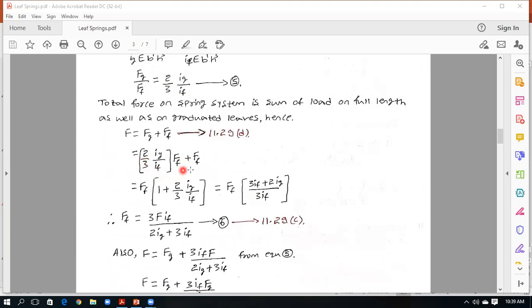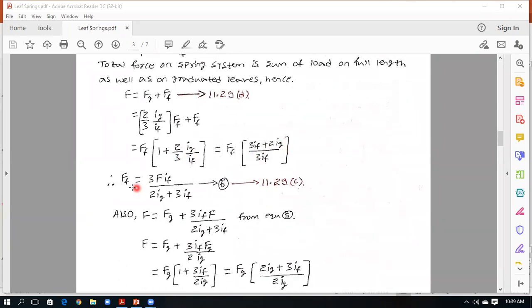Take that outside. If you take that outside, the remaining is 1 plus 2/3 I_g by I_f. In this case, take 3 I_f as the LCM. If you take 3 I_f as the LCM, this will be (3 I_f plus 2 I_g) divided by 3 I_f.